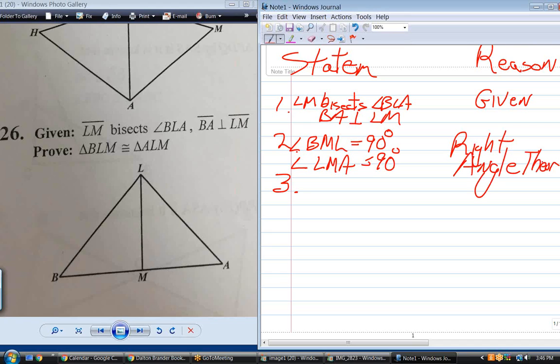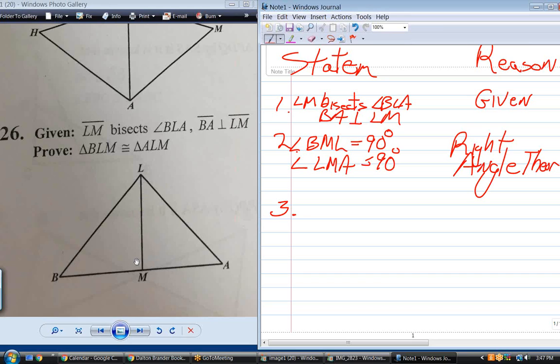Okay. Now, this is the one where you might need a statement. Let me think for a moment. You should just say that LM equals LM. At this point, we only have one line and one angle that are equal to one another.